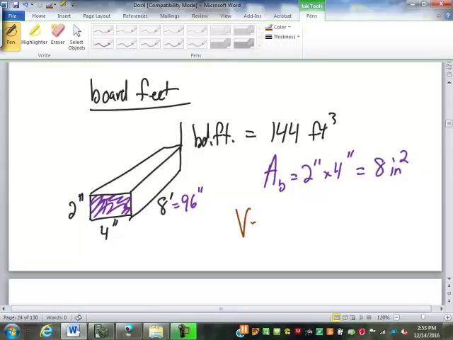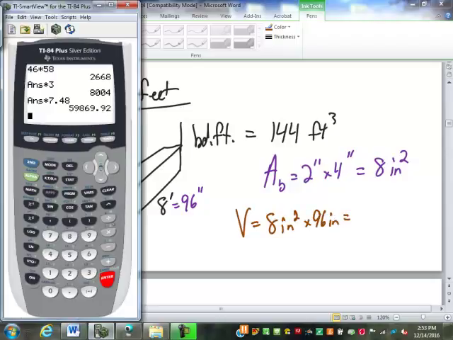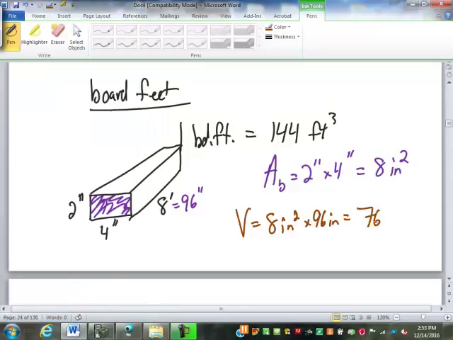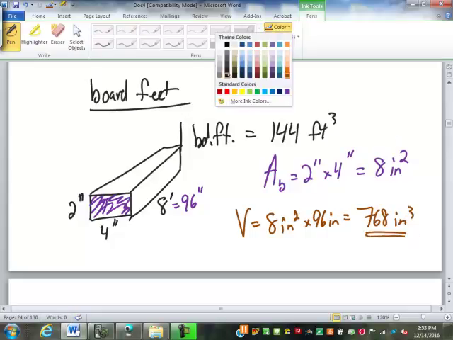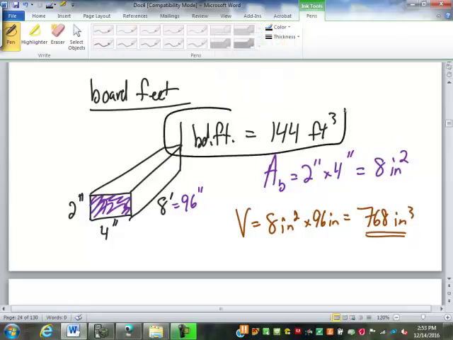So that my volume is 8 square inches times the 96 inches of length. Gives us 768 cubic inches of volume.